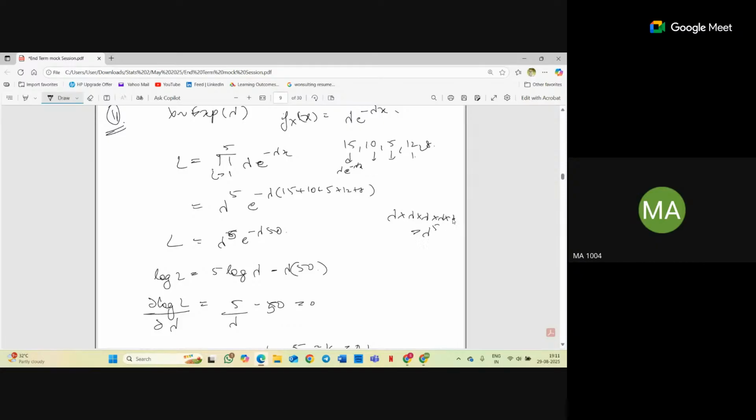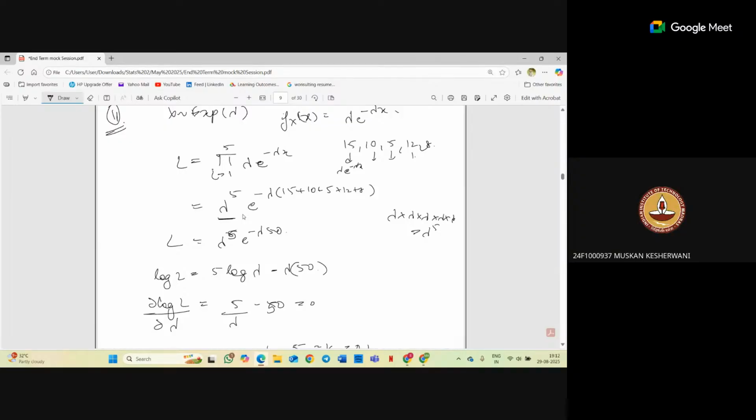Yes. Then after lambda to the power 5, can't we write e to the power minus 5 times the summation of all the xi's? Like in place of minus lambda, can't we write minus 5? Why?